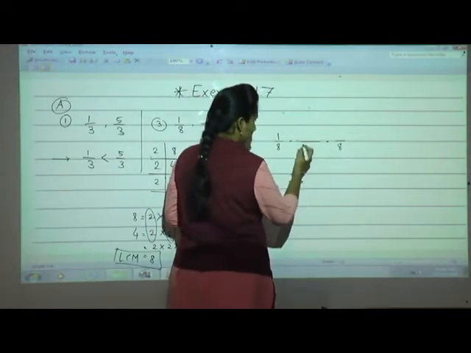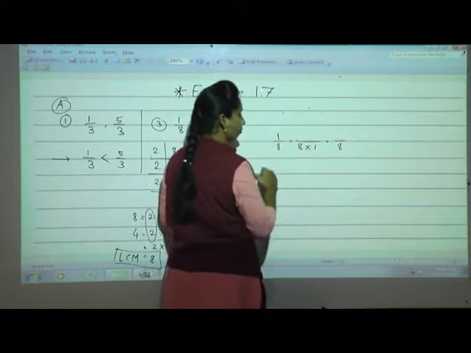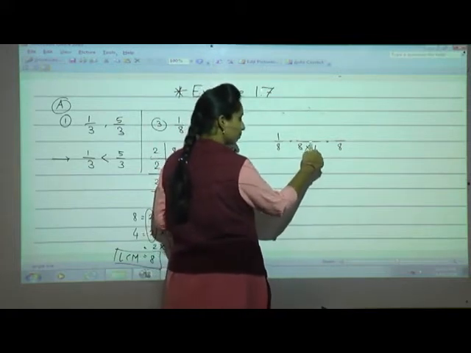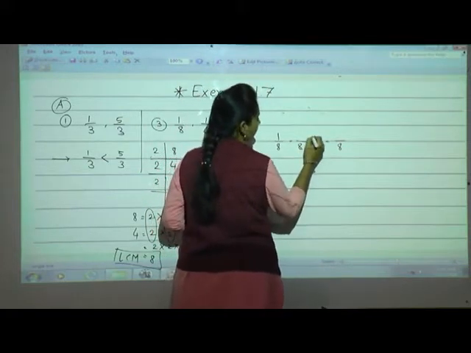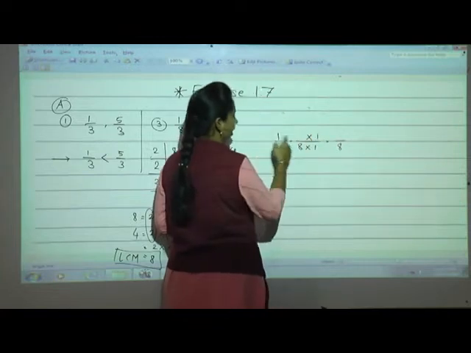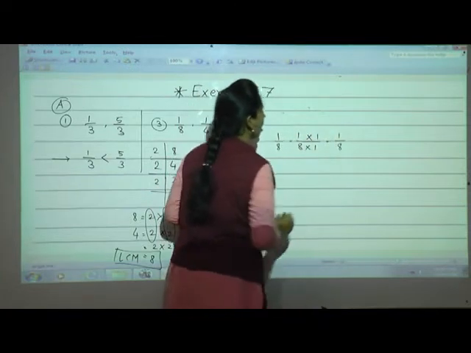First I'll write this number, 8 multiplied by 1. Since we have taken 1 to multiply in the place of denominator, we have to take the same, and this number stays as it is, 1 1 is 1.